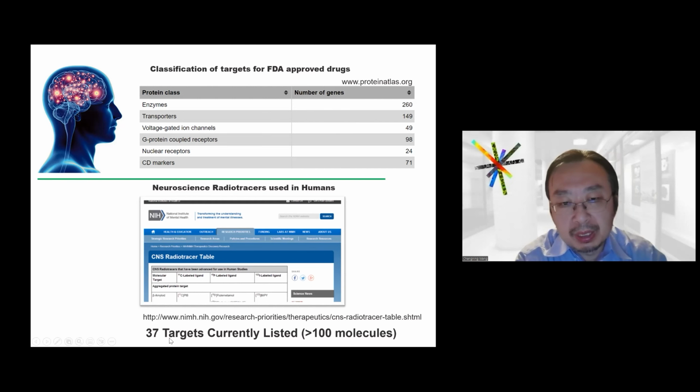Here, we say less than 40 targets, and only a few hundred or less than 200 molecules can be used in human. So if we compare radiotracers and drugs, so many targets are unavailable for such tracers. So we keep looking for PET tracers for brain and for other organs, for research and also for drug discovery.